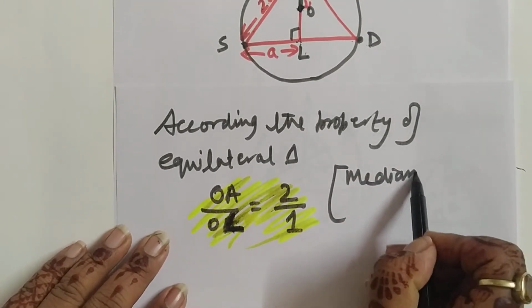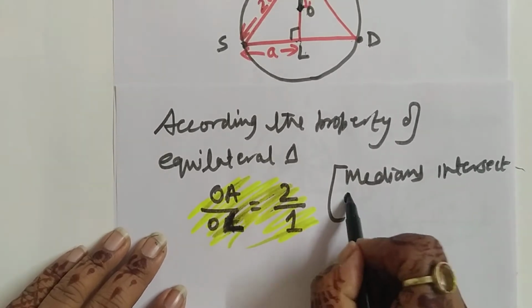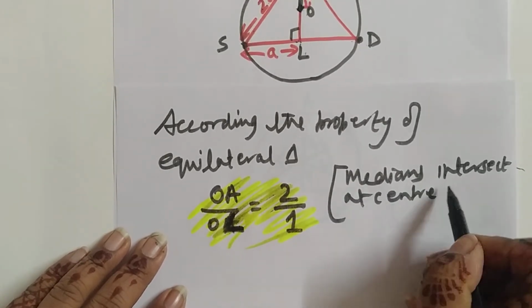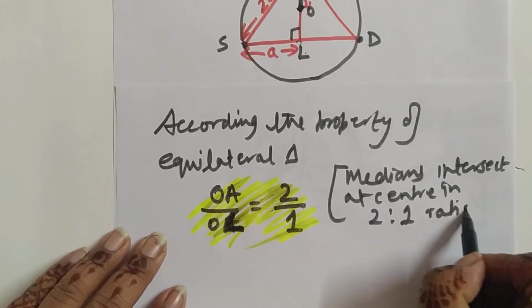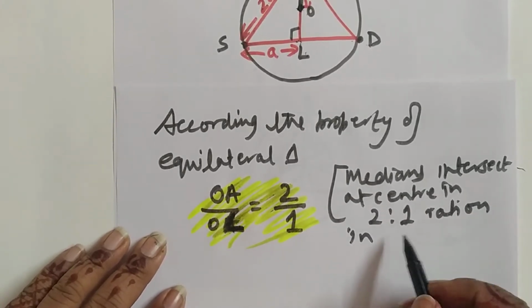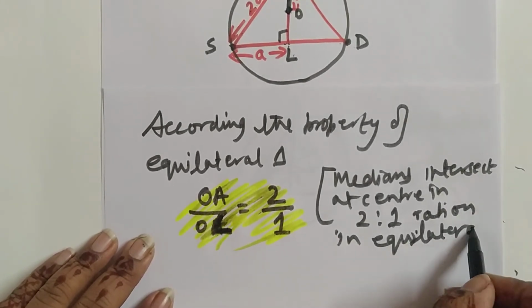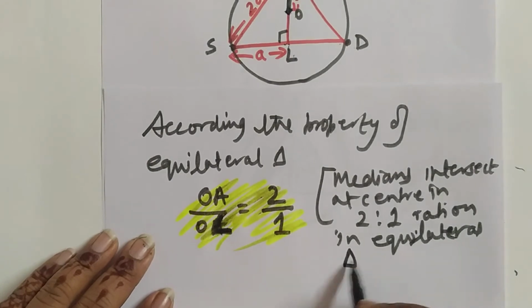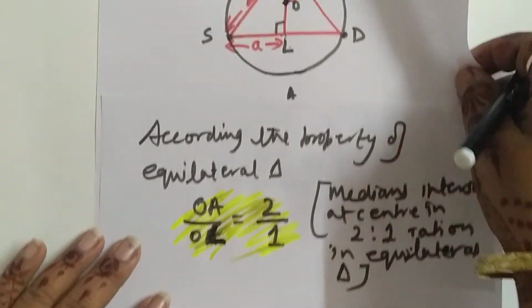Medians intersect at center, एक तो सेंटर पे इंटरसेक्ट करते हैं in 2:1 ratio in equilateral triangle. Okay, yes. Now OA is already given to us.